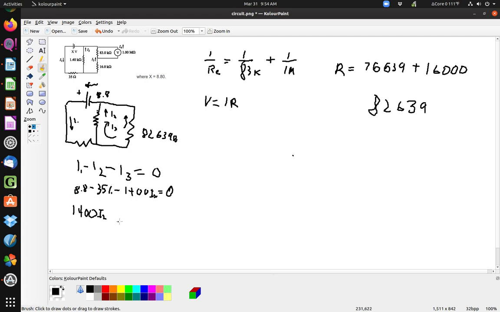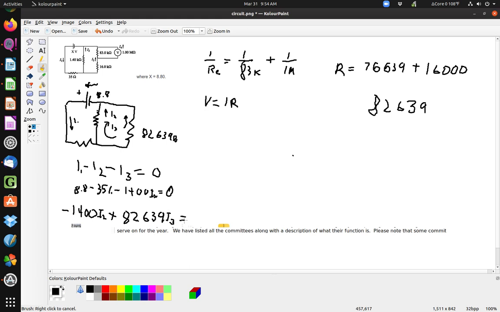So this should be a minus, this should be a plus. So 82,639 times I3, and that's going to equal 0.